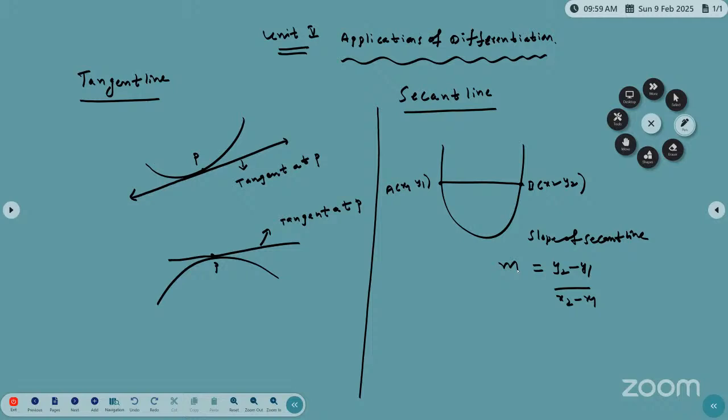Now the slope is 10 degrees, 20, 30, 40, 50, then 90, 100, 110, 130, 140, finally 180, 190, 200, 230, 270, 360. Are you getting my point? When it is moving, obviously the slope is changing.